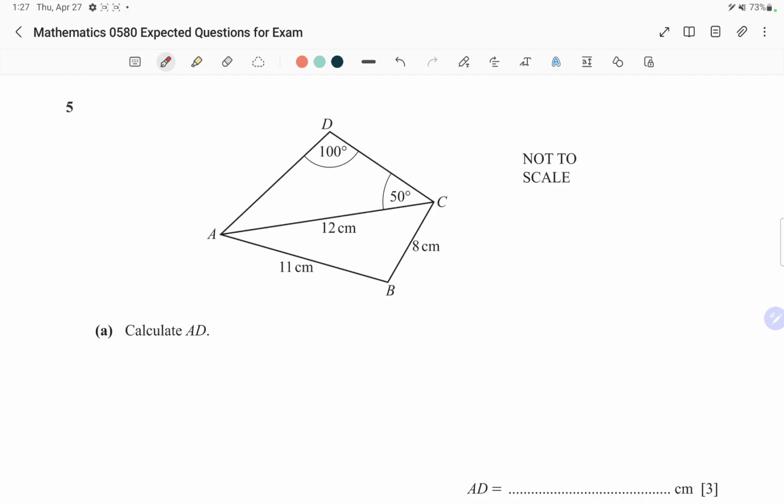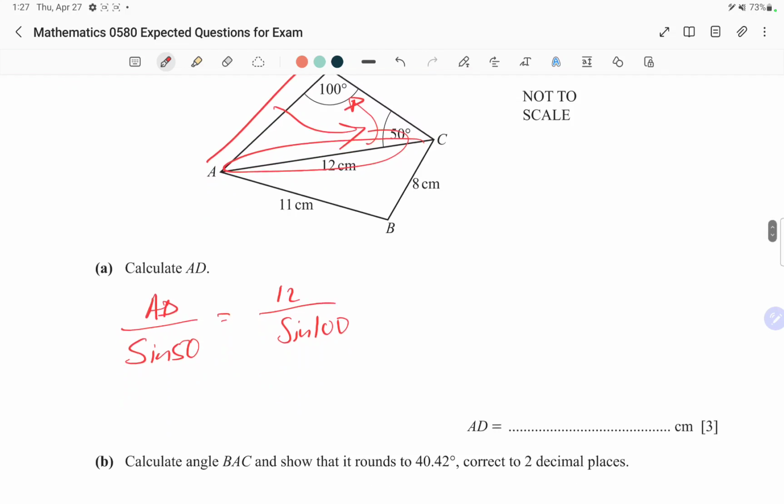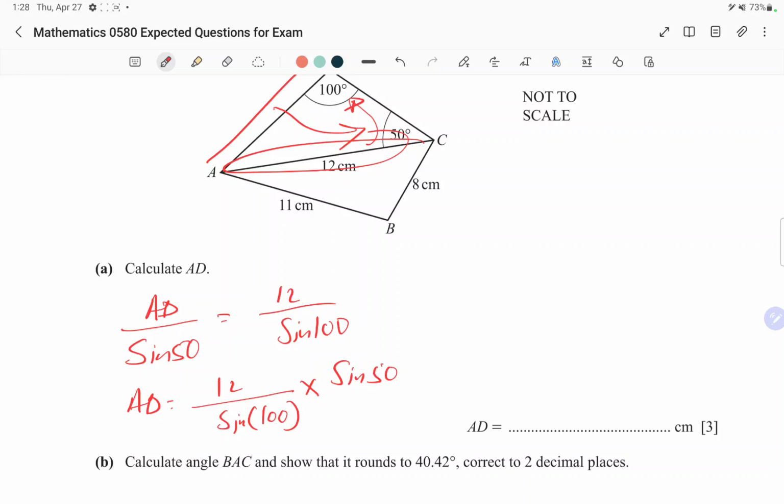According to the sine rule we can write AD over sine of angle equals this length, which is 12, over the opposite angle, which is 100, so sine of 100. So now AD equals 12 over sine of 100 times sine 50.